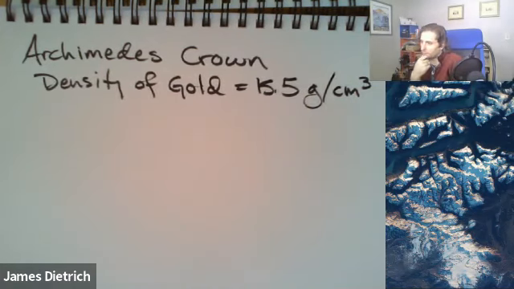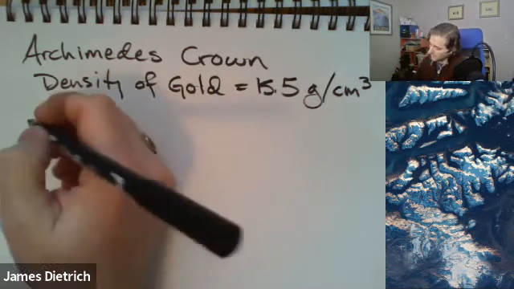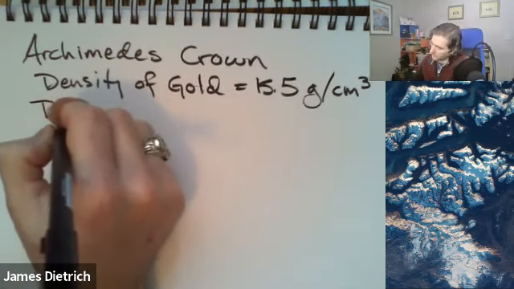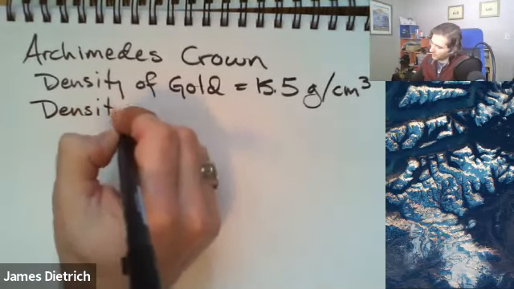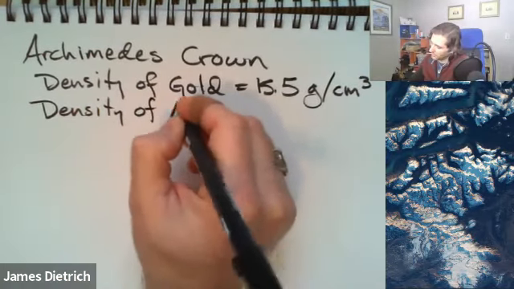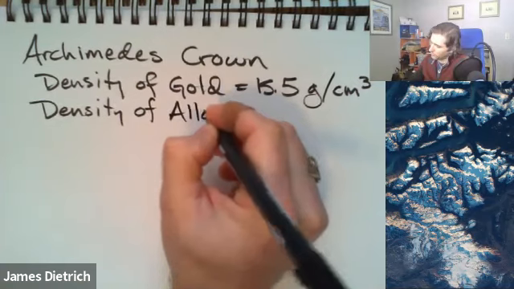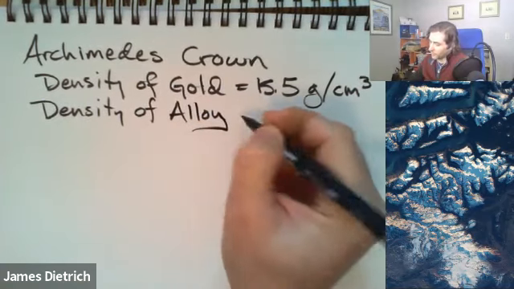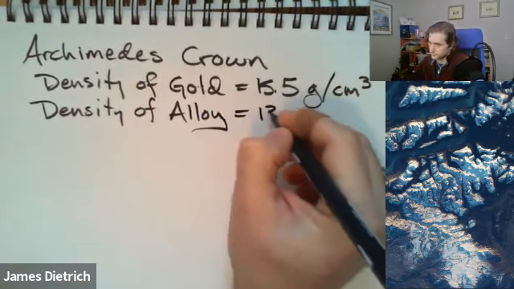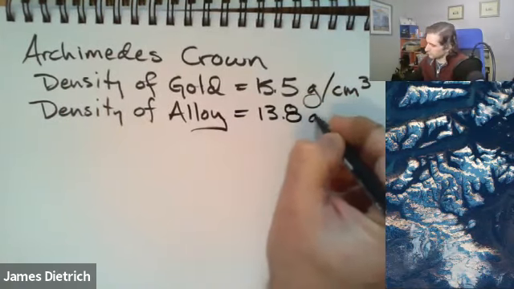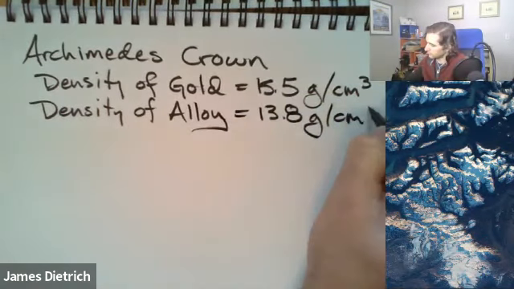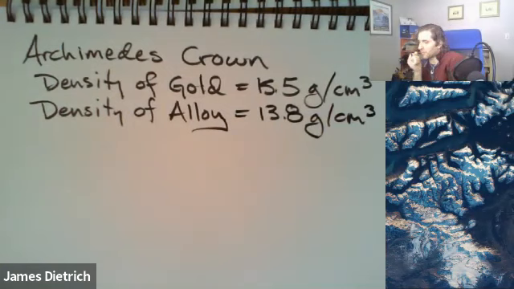Gold is a relatively dense metal, it's heavy if you hold it. And the density of a metal alloy that looks like gold would have a lower density. We're going to assume that lower density is 13.8.